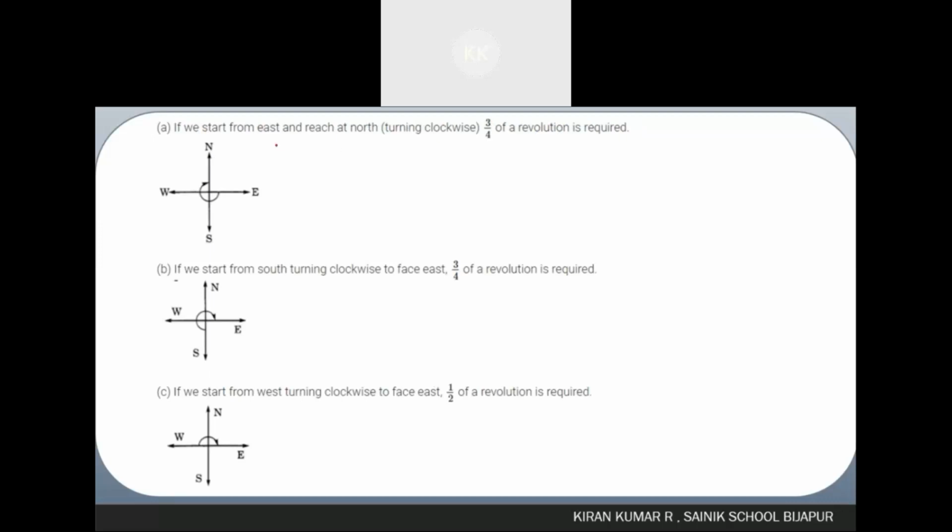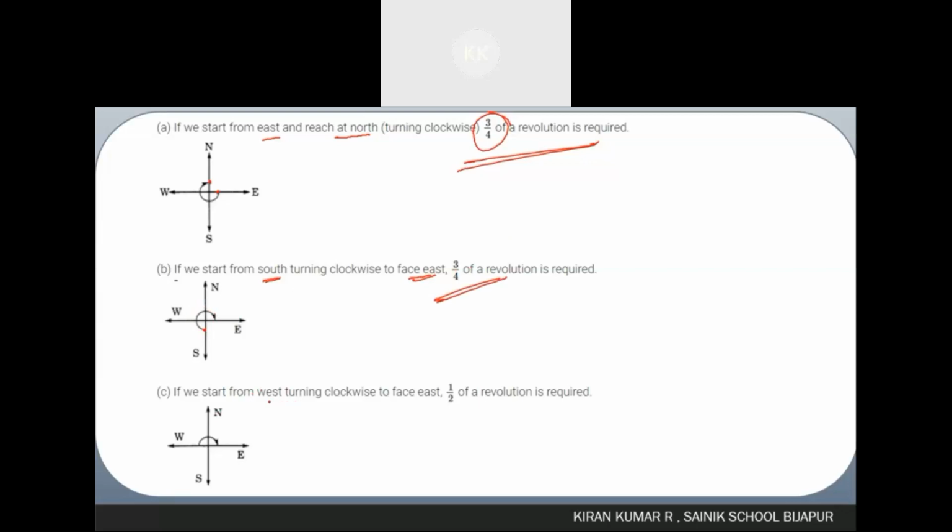Starting from east and reaching north, you'll go through 3/4 of a revolution, which means 270 degrees. Starting from south, turning clockwise to east, again you'll make 3/4 of a revolution, 270 degrees.